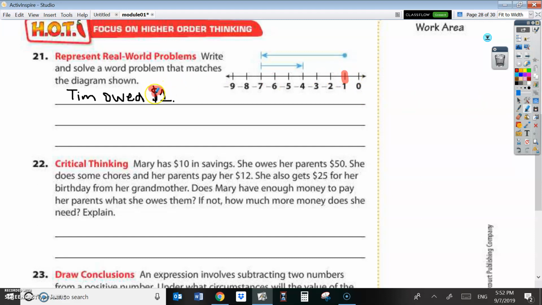Tim owed $1. He borrowed, looks like, let's see, $6 more. Borrowed $6. We'll highlight that a different color so you can see how the number line goes.